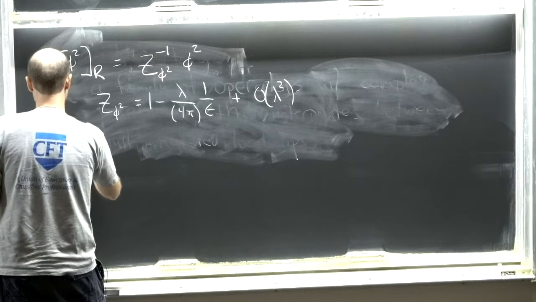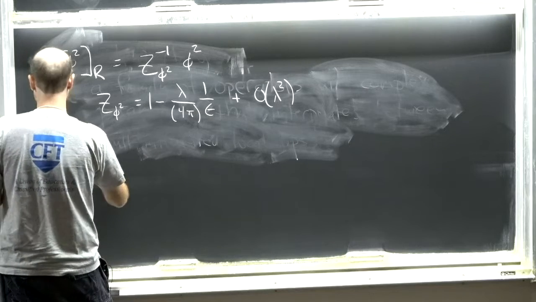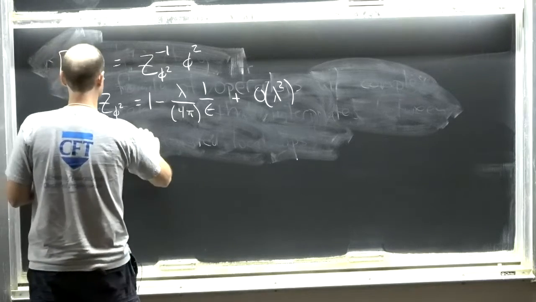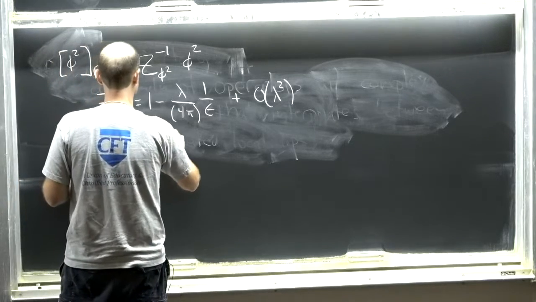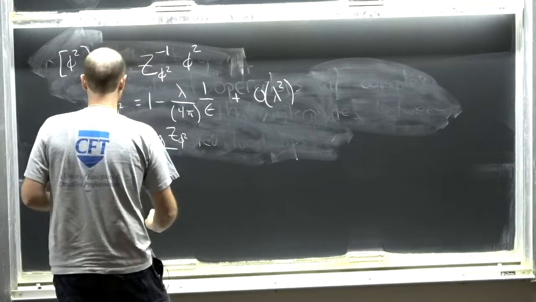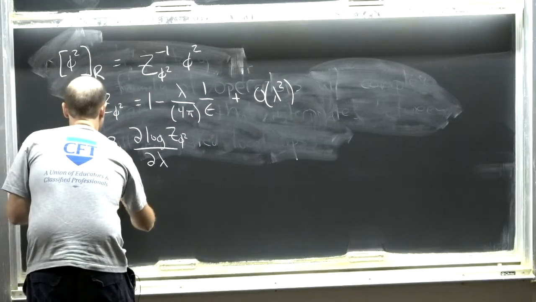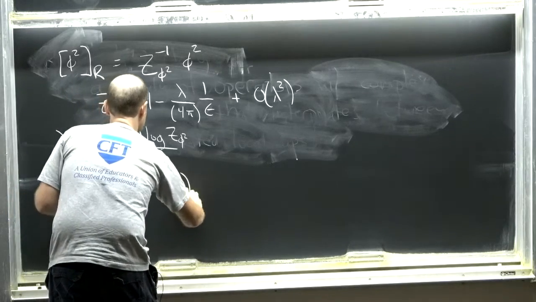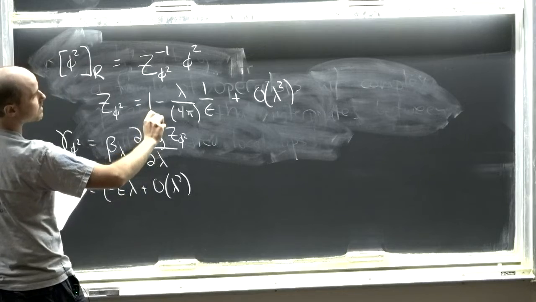And you can look up in your favorite QFT textbook what the formula is for the anomalous dimension. And it's the beta function times the derivative of the renormalization factor with respect to lambda. So in this case, this is minus epsilon lambda plus order lambda squared. That's the beta function. That's that formula up there.